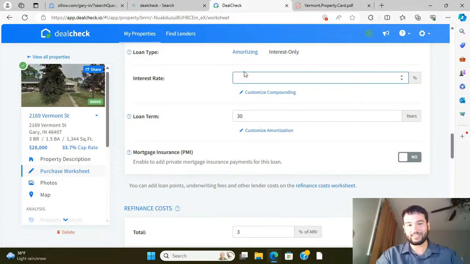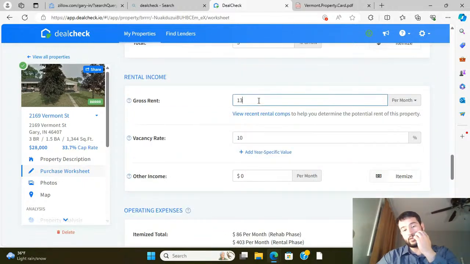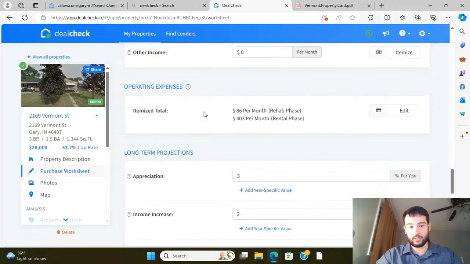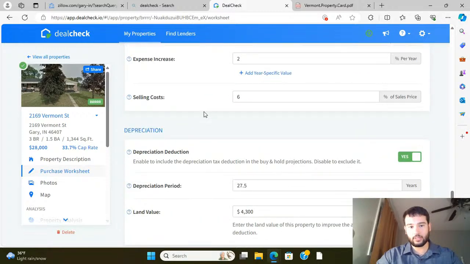Okay, let's say it's 9%. Gross rent. I mean, if we do it off of a 2-bedroom, 1,100. Vacancy rate, other incomes, appreciation, income increase, expenses, selling cost.